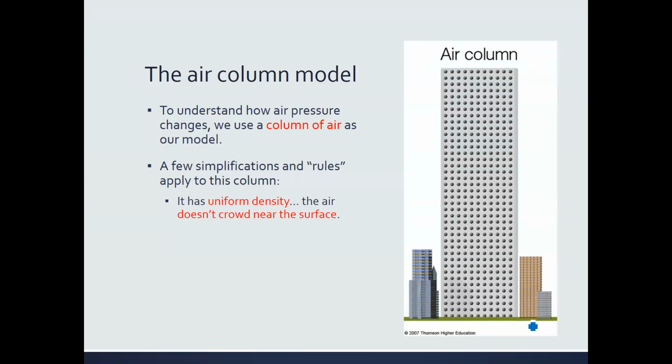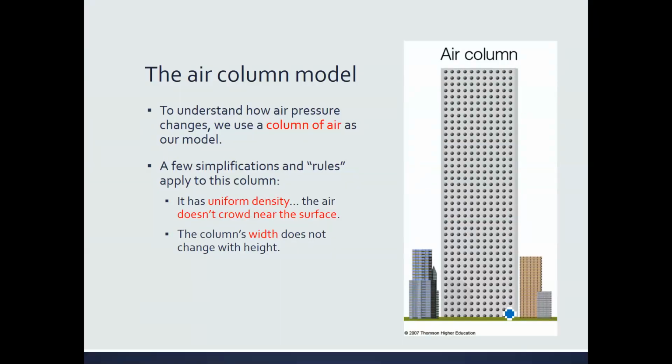Rather, air is uniformly distributed in the column. The second thing is the column's width does not change with height. So again, just like the pyramid, we don't get that here. Instead, the column's width is straight up, and it doesn't change with height.